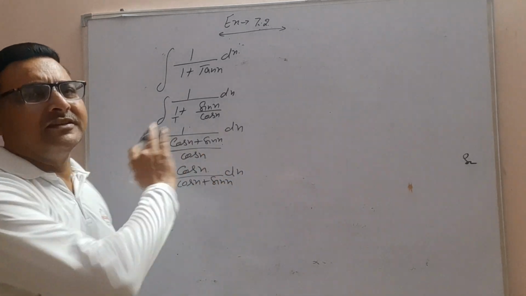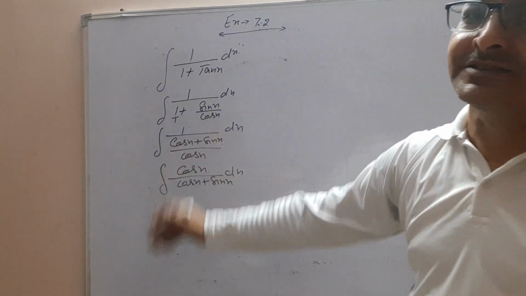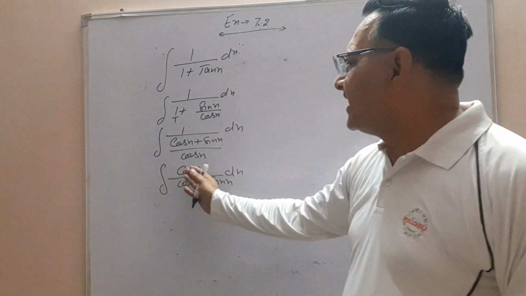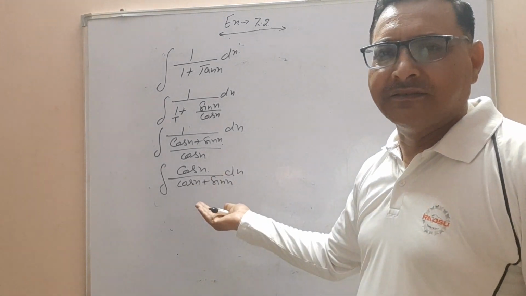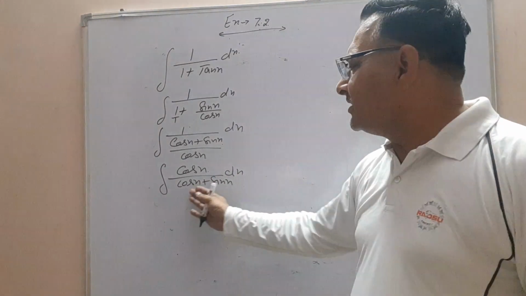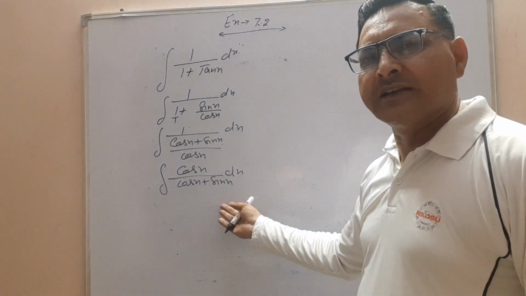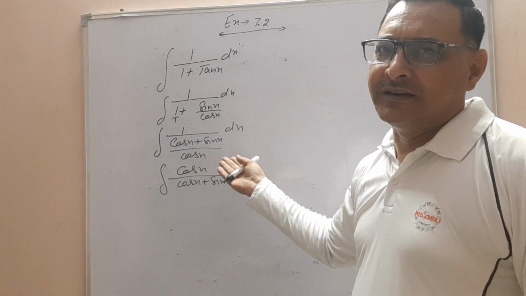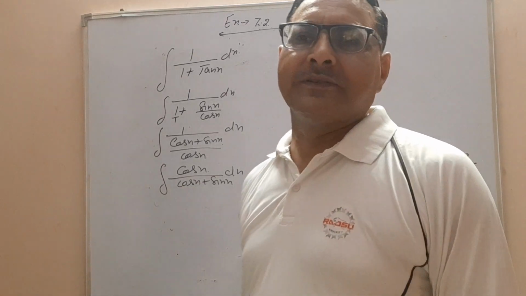Now again check in this question that there is no function whose derivative lies in the numerator. If you put sin x plus cos x as t, no derivative is there, minus sin x, the single term. If you put the denominator as t, you will get minus sin x plus cos x. There is no other term. So how will we solve this type of question?